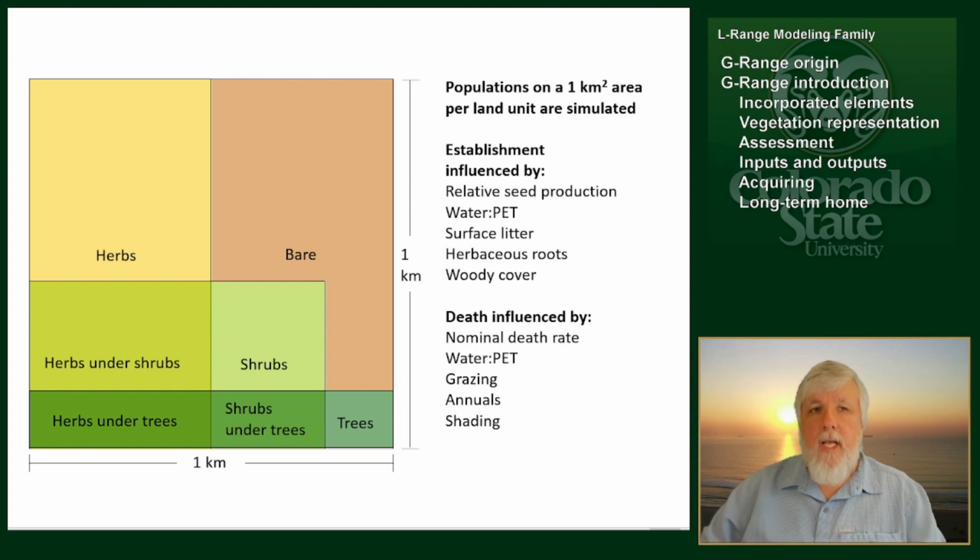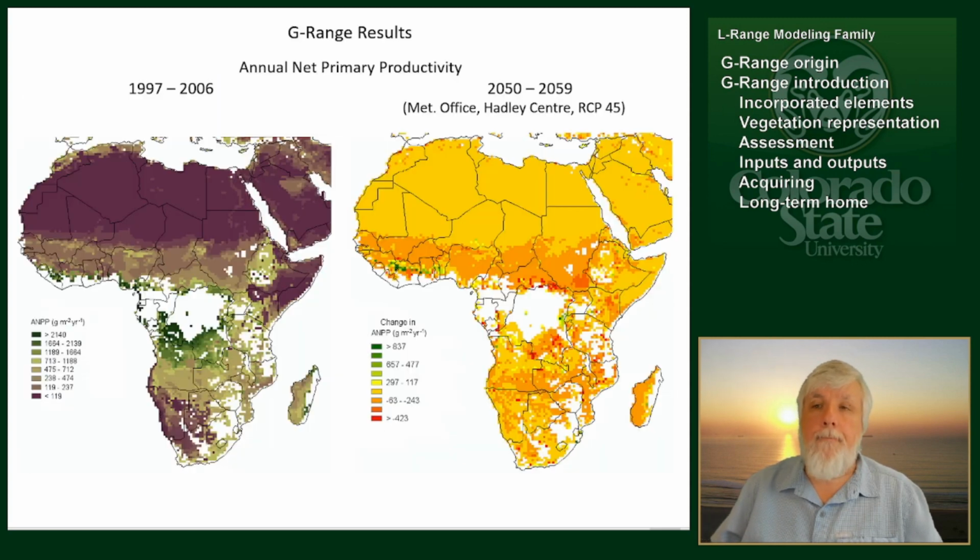With control of these parameters, we can emulate dynamics and have the percent shrub, say, change on a landscape over time. And so together, it all comes together. It is a global model, G-range, so these are cut from a global representation, but you can see the representation of annual net primary production and its change for Africa.